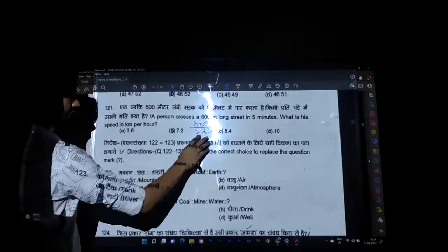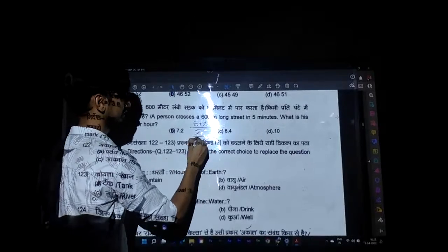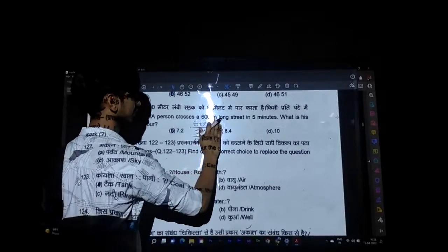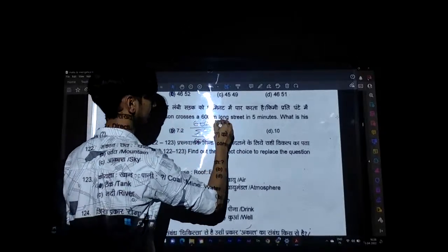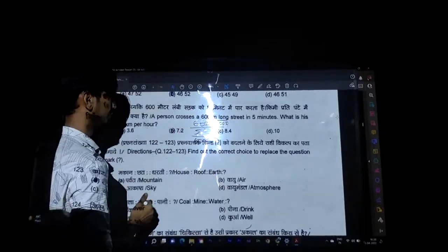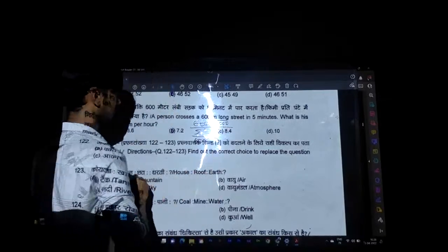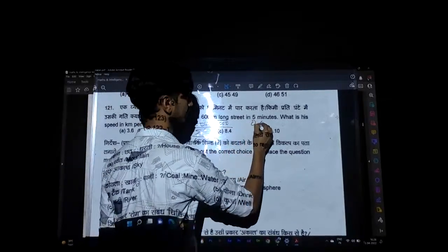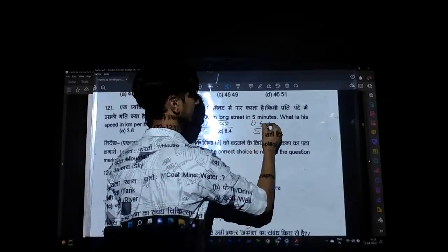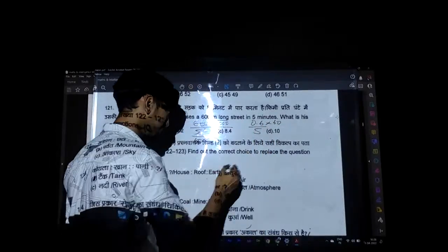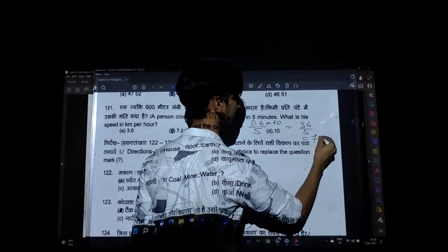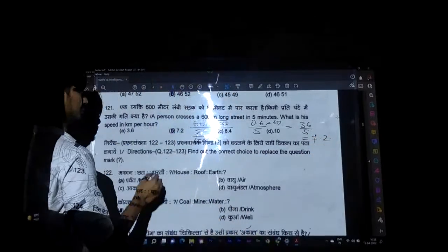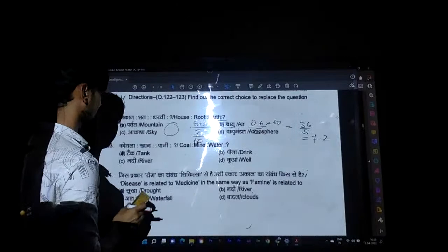When you convert minutes into hours, you divide 5 by 60, and you multiply 600 by 1 by 1000. When you solve this, you will get 0.6 into 60. Now this will become 36 divided by 5. The right answer will be 7.2. Option number B.